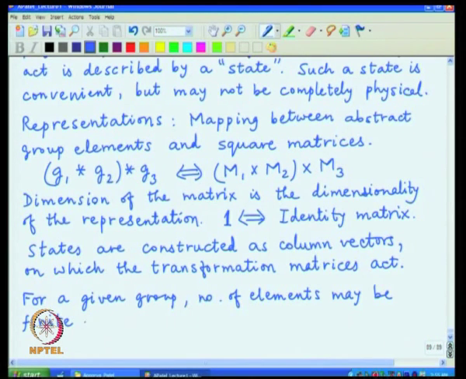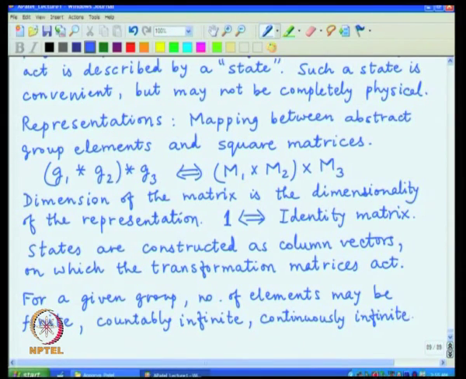They may be countably infinite, as in case of integers, or they may be even continuously infinite, as in case of real numbers.